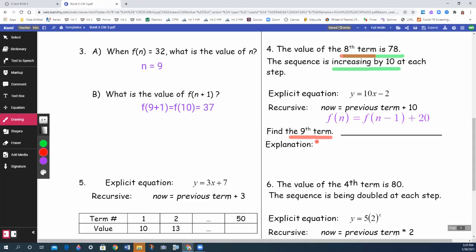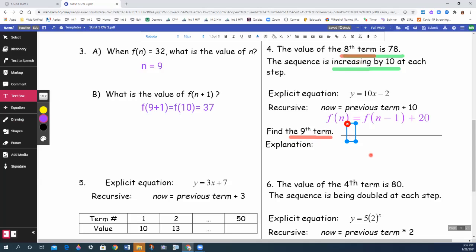So if I know the term before, you might as well just take that term and do the math and add the 10. So I am going to take my 8th term, which was 78, and add 10 onto it, which gives me 88. And that's going to be my answer.